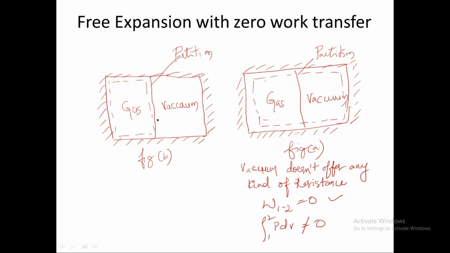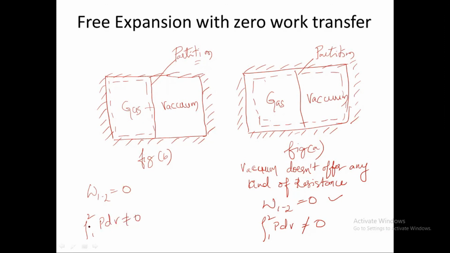Now when the partition is removed, if you neglect the work utilized in removing the partition, vacuum doesn't offer any kind of resistance here also. Therefore, one will say that there is no work done. That is W1 to 2 is 0, and here integral 1 to 2 PdV is not equal to 0.